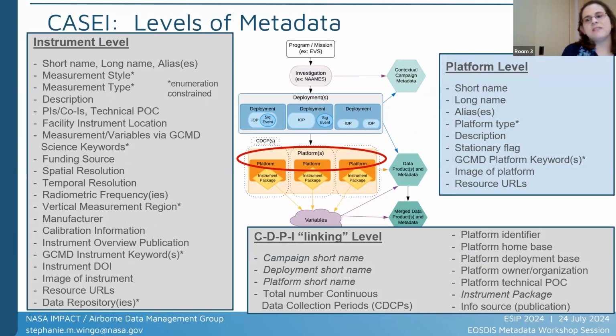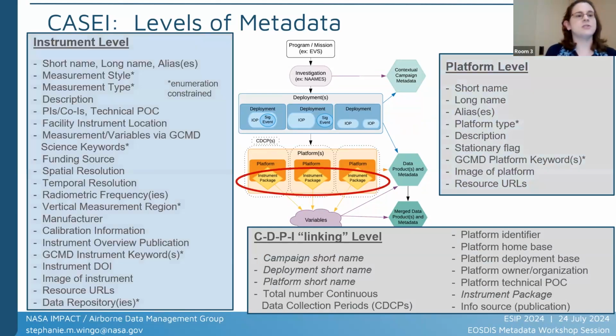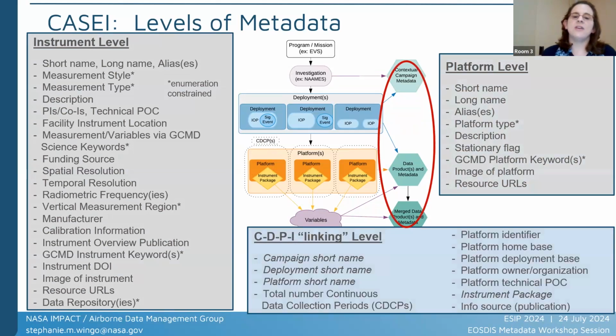Those types of things don't really evolve with time as much, so we have those represented at a different level. Similar thing with instruments: the name of the instrument, who funded the development of it, and those sorts of things are represented separately. But what's really critical is what we call the CDPI, campaign, deployment, platform, instrument, or linking level, that really ties in the relationship between all of those things.